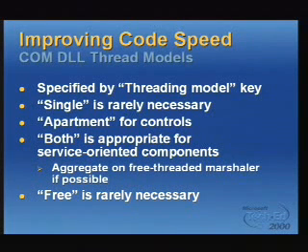The second type is apartment model, and that one is mainly used for controls displaying a user interface, for which they can only really allow one person to modify a particular thing at a time.